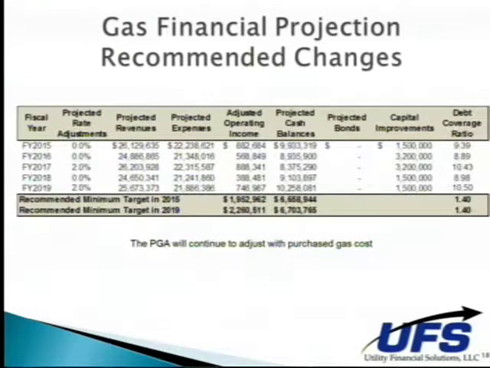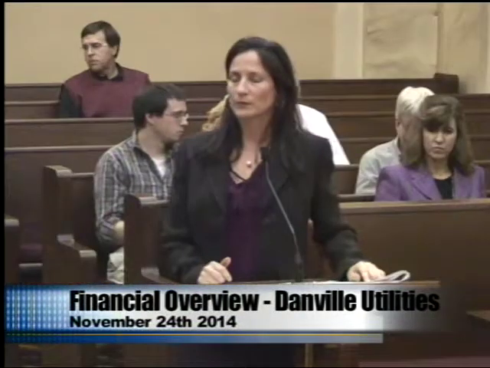Is that net income? That's not net income, that's operating income. In an income statement, you've got revenues, expenses, operating income. When you say adjusted, that doesn't come from the previous numbers, that's something that you feel we need? That is what I project your real operating income will be.